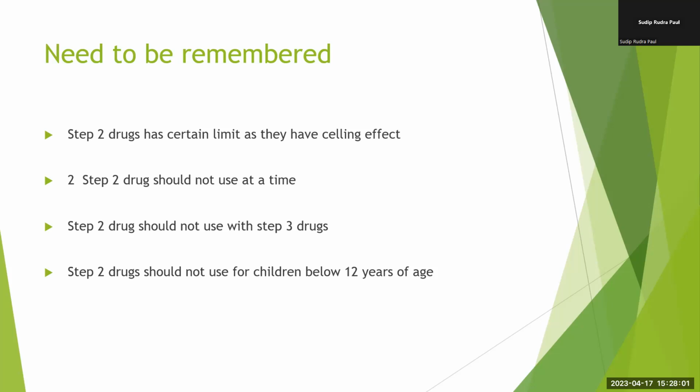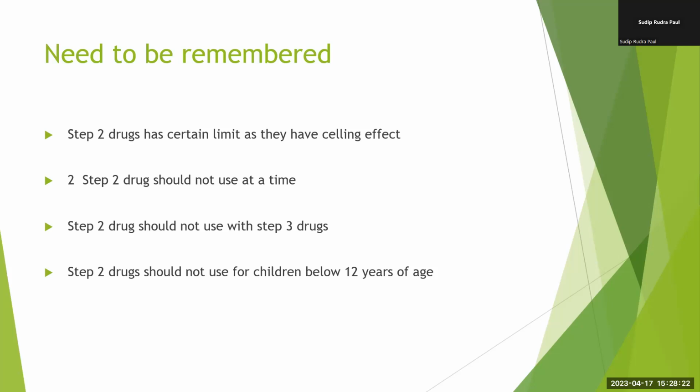Next, step 2 drugs should not be used for children below 12 years of age. Basically, for children, for pain, we use NSAIDs, and if NSAIDs are not working for them, we directly switch to step 3 medication.